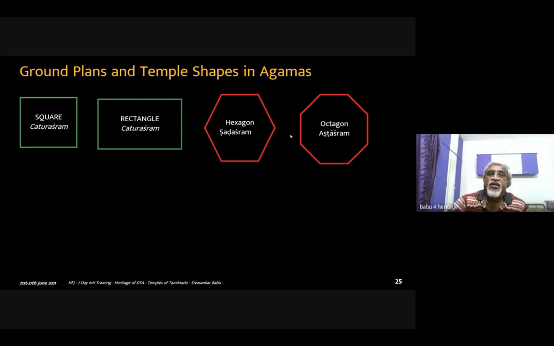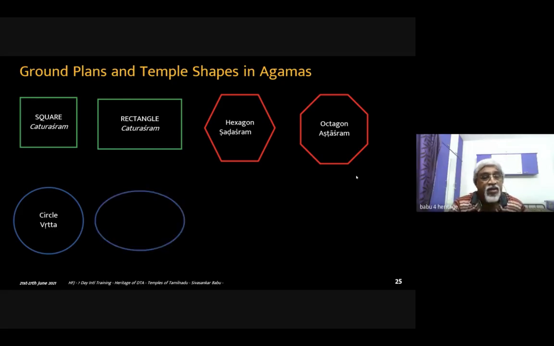In between, this is normally assigned to Shiva, this is to Brahma, and there are shapes where there are no angles, only curves. So the other plan is a circle, Vritta in Sanskrit. The second option is the ellipse, Vritta Ayata, an elongated circle.